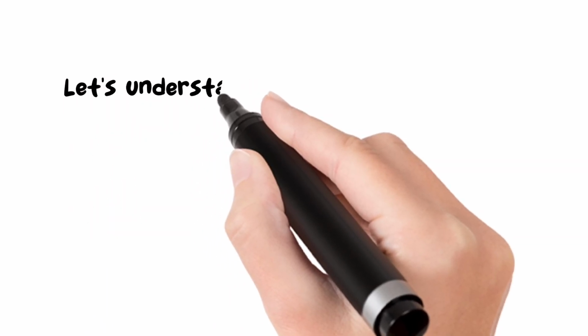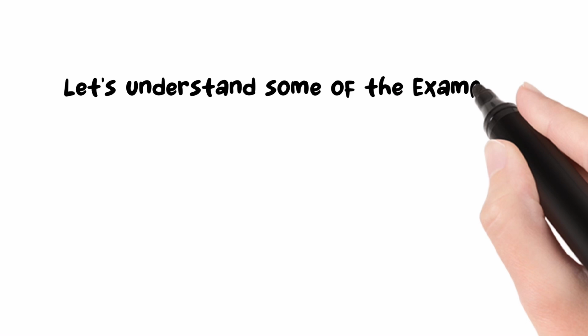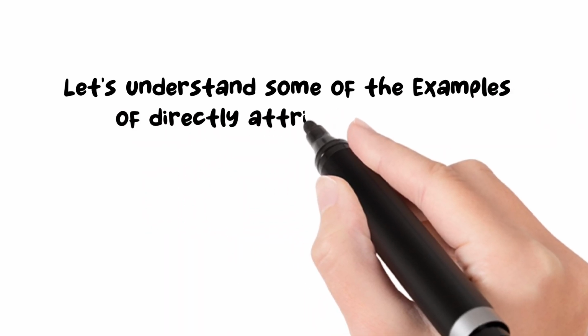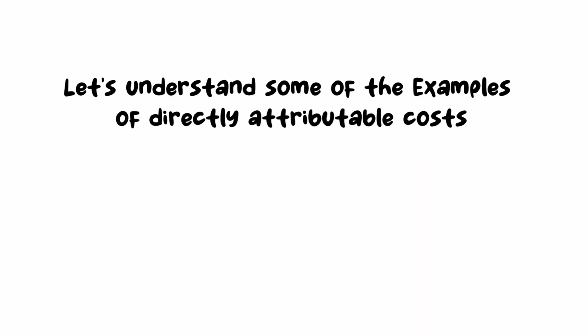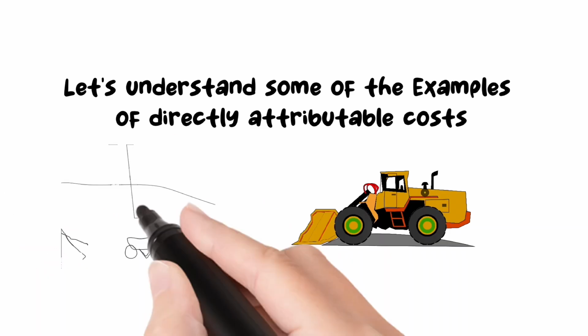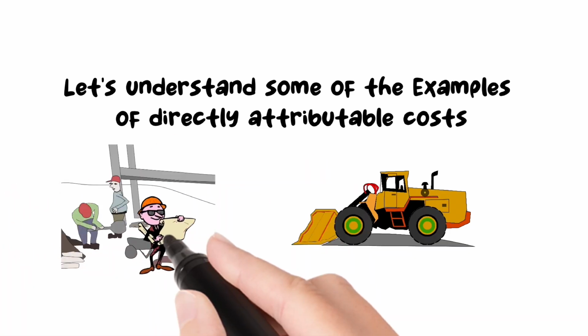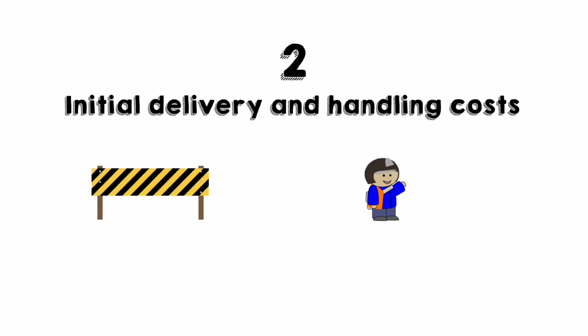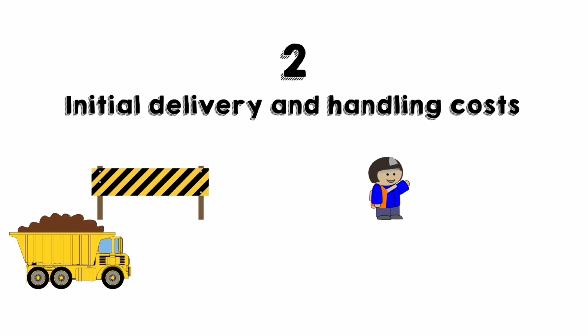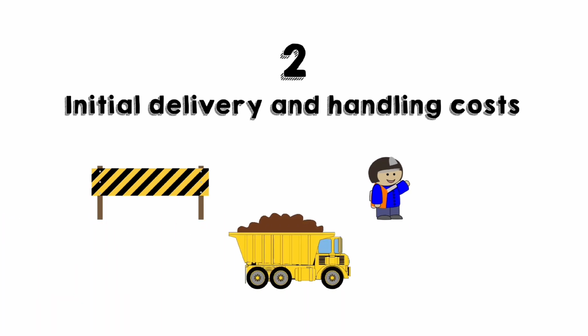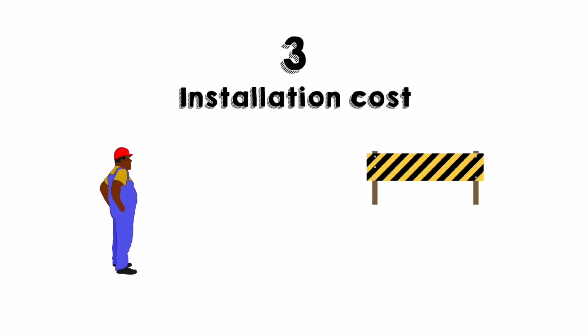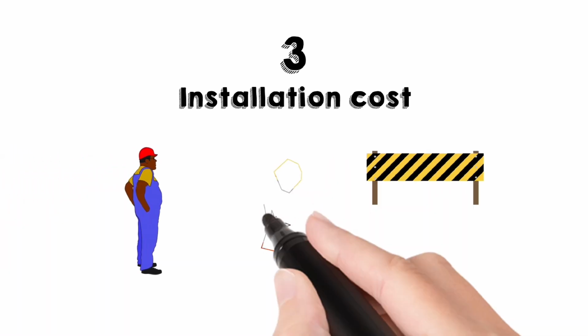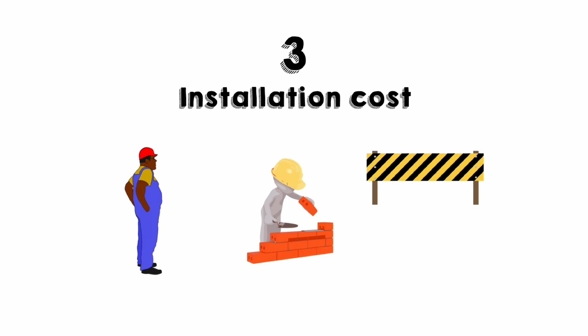Let's understand some examples of directly attributable costs. Number 1, cost for site preparation. Number 2, initial delivery and handling costs. Number 3, installation cost, such as special foundations for plant.